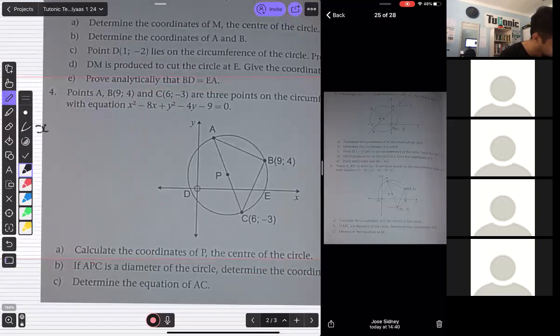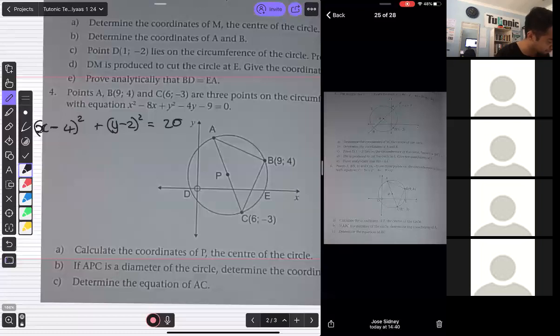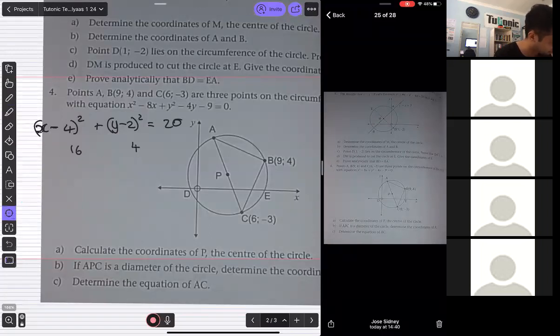So it's going to be x minus 4 squared plus y minus 2 squared equals, you're going to have to add 16 plus 4, which is 20, because this is 16 and this is 4. If you're adding it on the left, you must add it on the right. You guys see that?